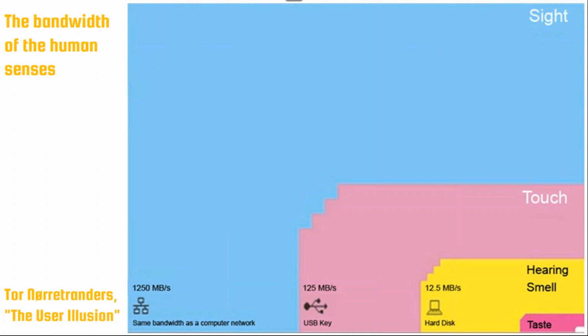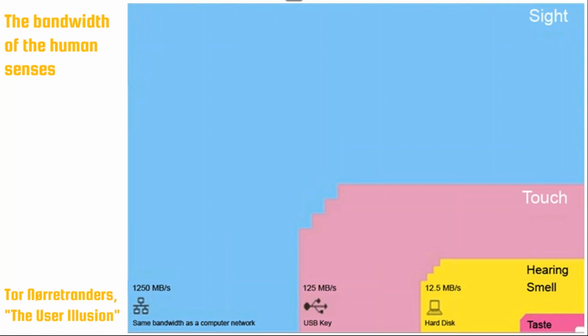It's like the bandwidth of the sight sense is like a computer network. Touch, which is the pink territory that you see here, is about the speed of a USB key.